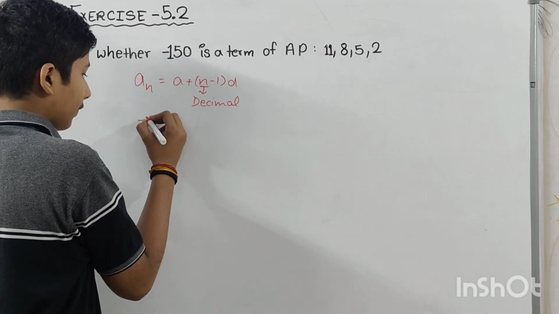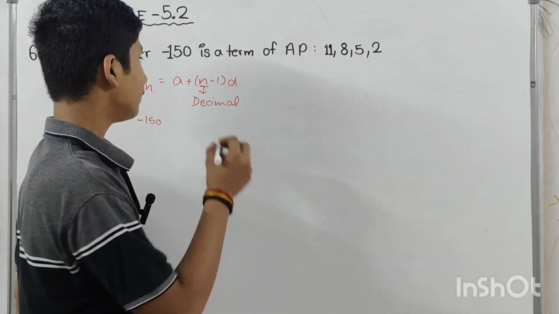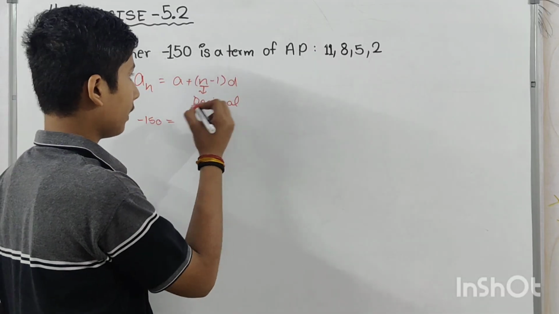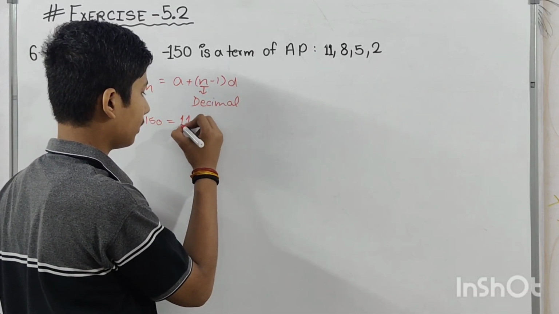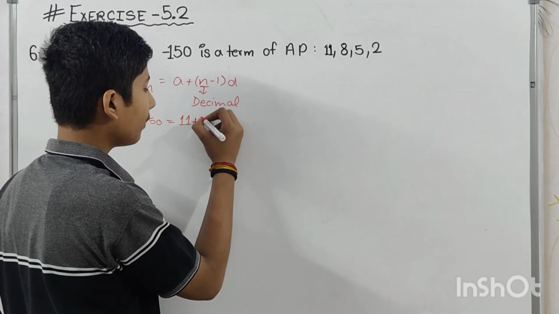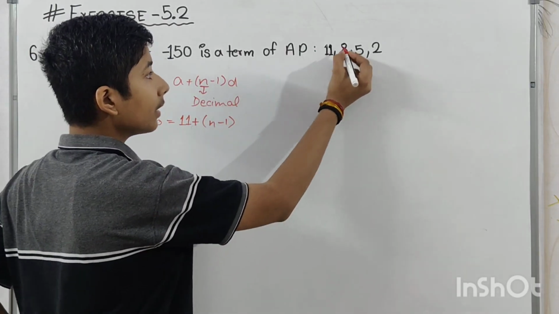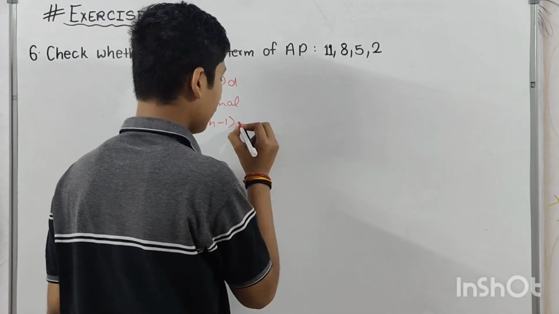An is minus 150. Now the value of A is 11, and we have to add n minus 1 into the difference, which is 8 minus 11, meaning minus 3.